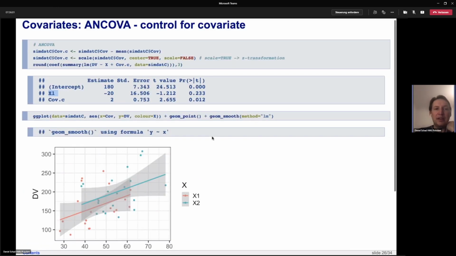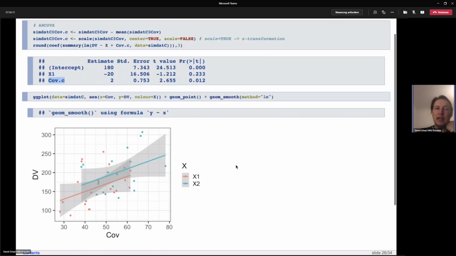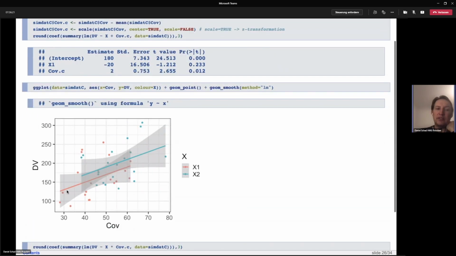One has to say, so this is already the ANCOVA. The ANCOVA is simply a model where you have a group difference and a covariate. But there's one prerequisite for the ANCOVA that you can use it. You have to test whether there's an interaction between the group and the covariate. So you have to test whether the influence of IQ is actually the same in both groups.